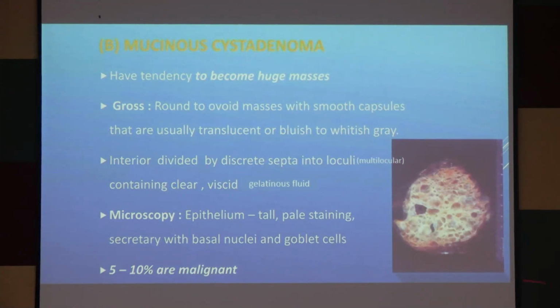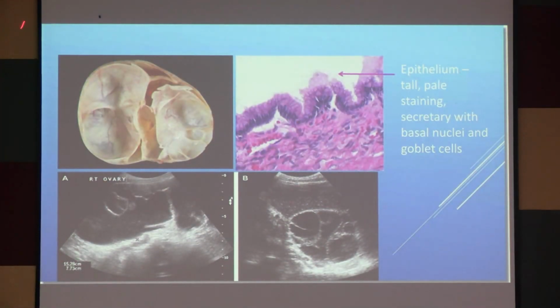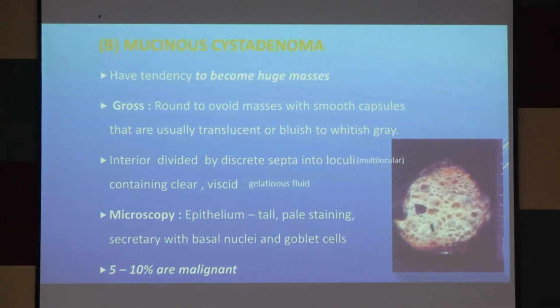Next comes a mucinous cyst. Look at this appearance. This is multiloculated. See, multiple loculations, but all the loculations are thin and flimsy. It contains some gelatinous fluid. Since it is mucinous, everything that secretes mucin is lined by goblet cells, right?